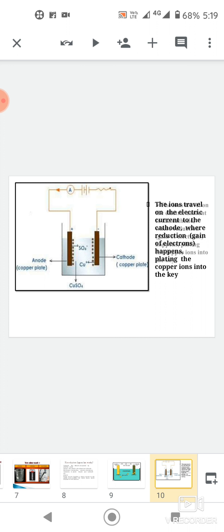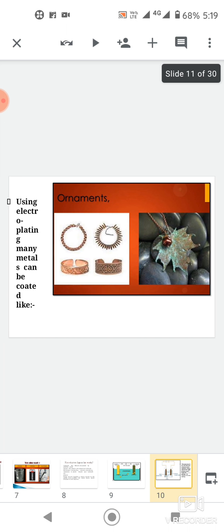The ions travel on the electrical current to the cathode, where reduction, the gain of electrons, happens, plating the copper ions onto the key.